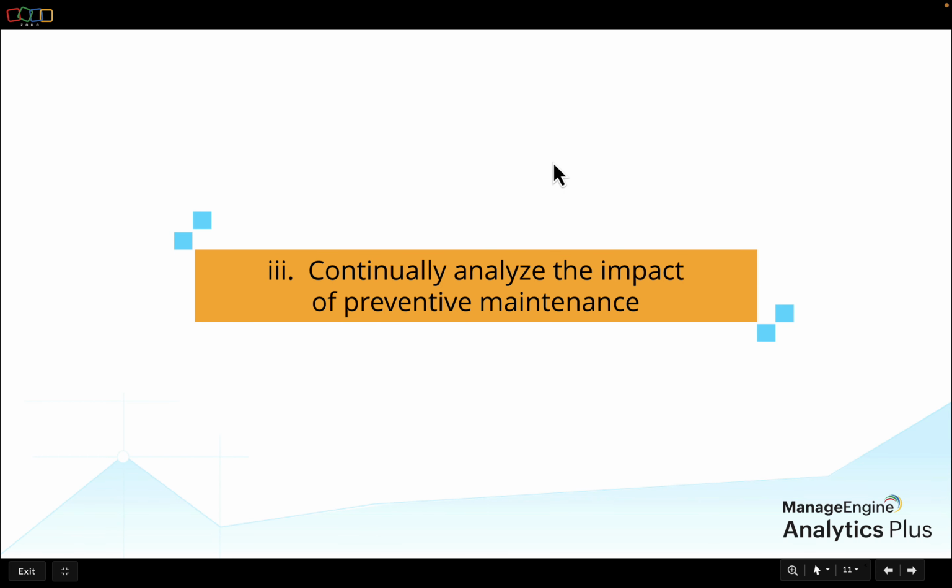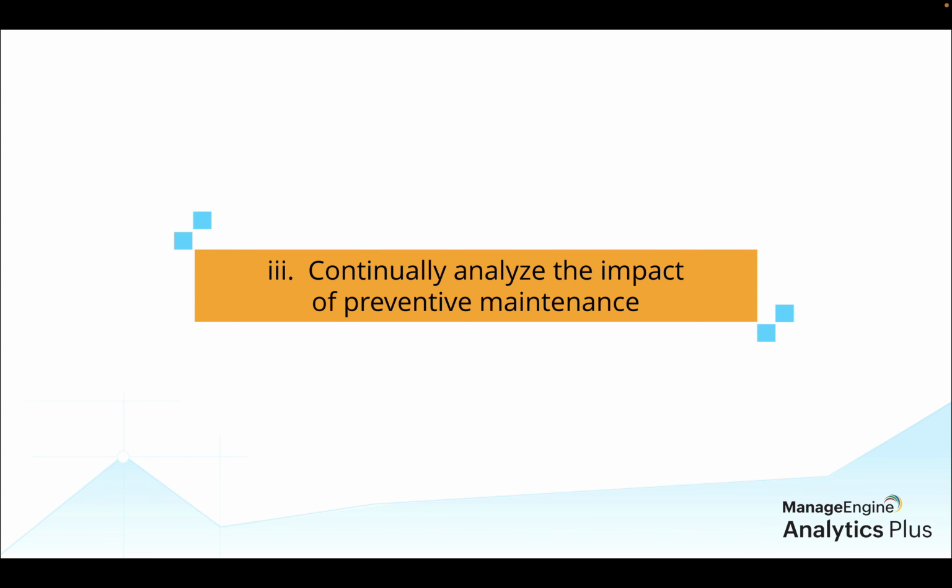Now let's move to the third and final approach towards preventive maintenance, which is analyzing the impact of preventive maintenance for constant improvement. So, as we have seen in the past two approaches, we have implemented preventive maintenance strategies to combat IT downtimes.